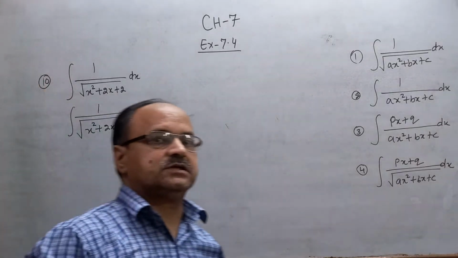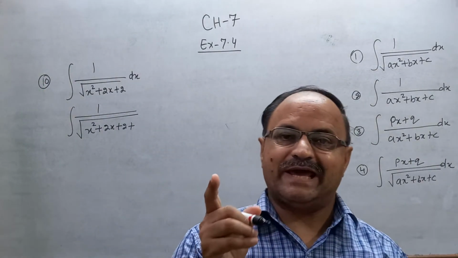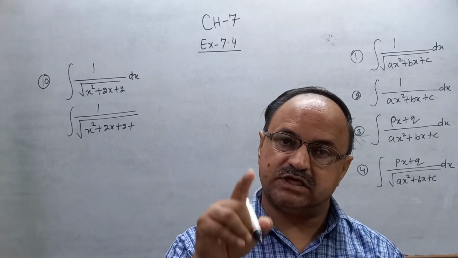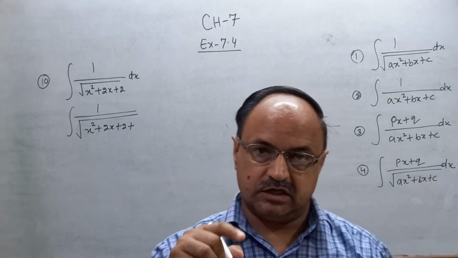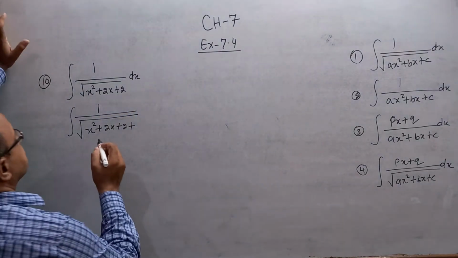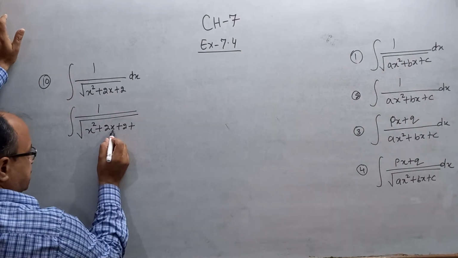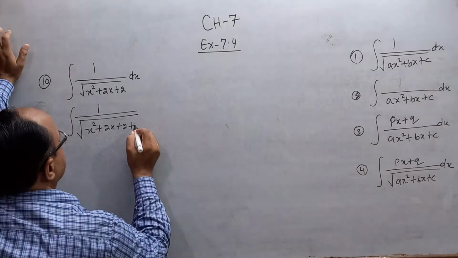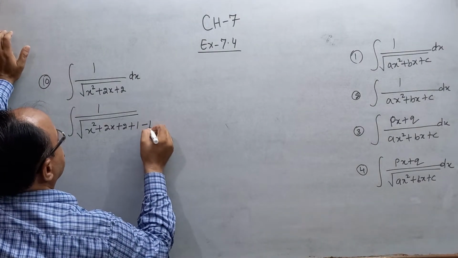Add and subtract half the coefficient of x, whole square. You know that the coefficient of x is 2 and half of 2 is 1, square of 1 is 1. So you can add 1 and subtract 1.